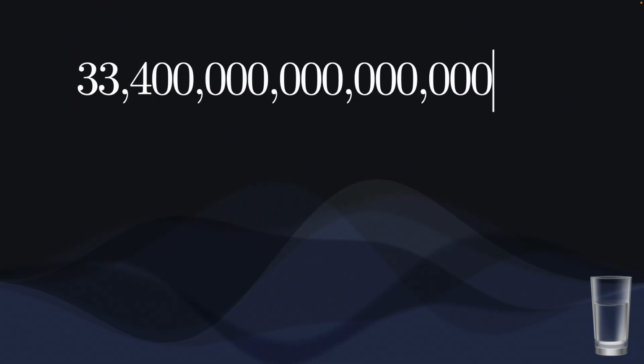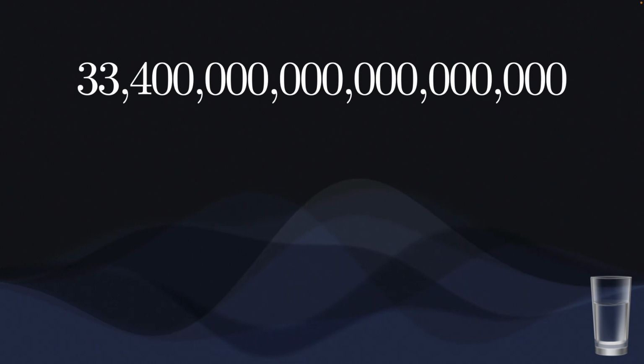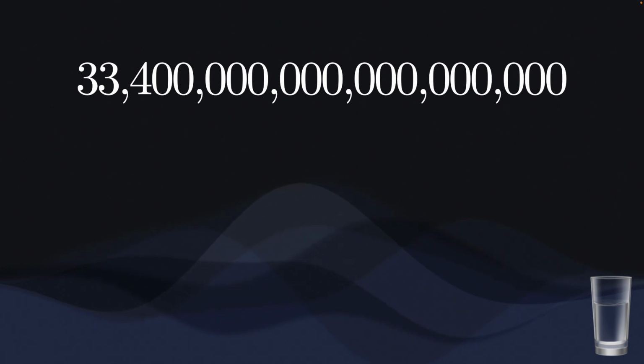That's basically just the amount of molecules in one very small space, which is a cubic millimeter. And just looking up online using Google, we can find that there are 33 quintillion 400 quadrillion molecules in a single cubic millimeter of water, which is a very, very big number.